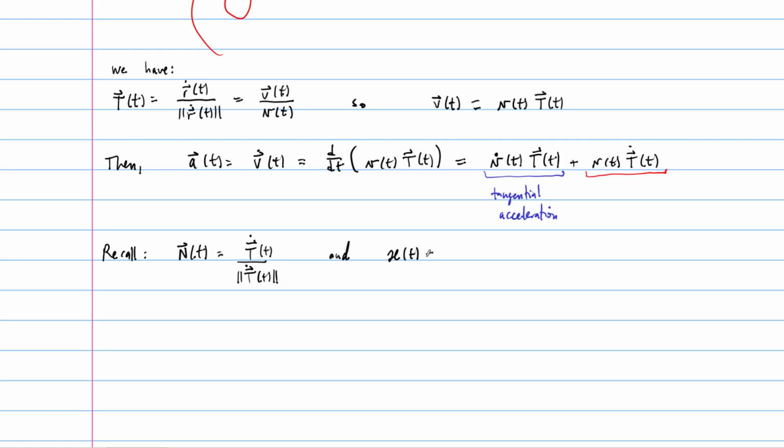One of the formulas for the curvature was that it is given by the length of T dot divided by the length of r dot. Again, these are functions of t. But the whole point here is that we can rearrange and solve this for the length of T dot. So the length of T dot of t is going to be equal to this.